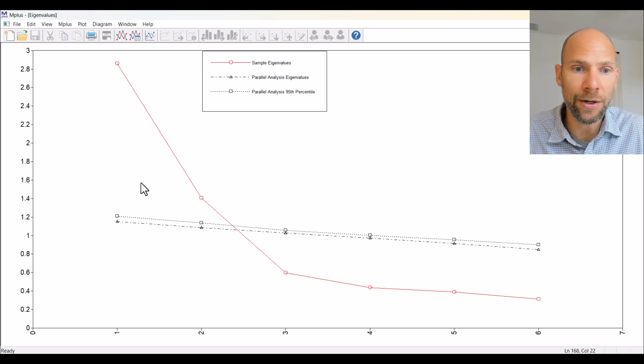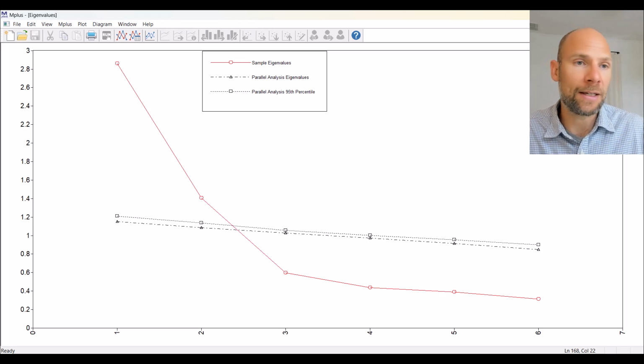According to this criterion, we would choose as many factors as there are eigenvalues above the curve for the parallel analysis. Above that black curve here, we have 2 eigenvalues for the real data, and so that would indicate that we should retain 2 factors. Okay, so that's also a good criterion to look at in addition to the chi-square value.